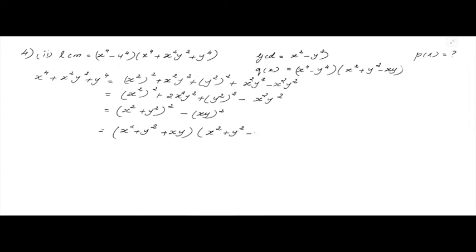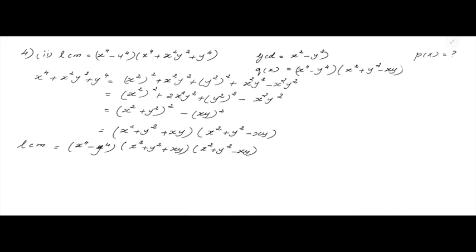Now tell me what is your LCM? Your LCM is x power 4 minus y power 4. You need not simplify this, ma. Since in q of x you are having the same, it will get cancelled. So I am not going to simplify it. X square plus y square plus xy into x square plus y square minus xy, right?